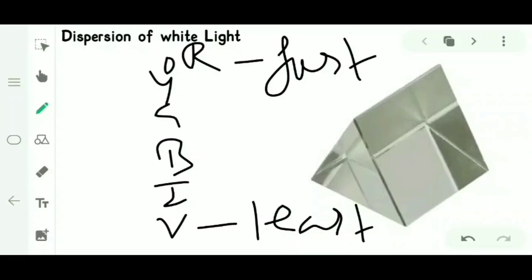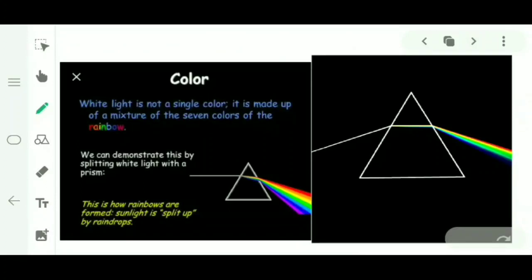That's why when the light starts bending, first of all red will emerge, then orange, then yellow, then green, then blue, then indigo, and the last is violet. Here you can see clearly. In this figure it is very clear to all of you that the color that comes first is red, then all the other colors, and last is violet.